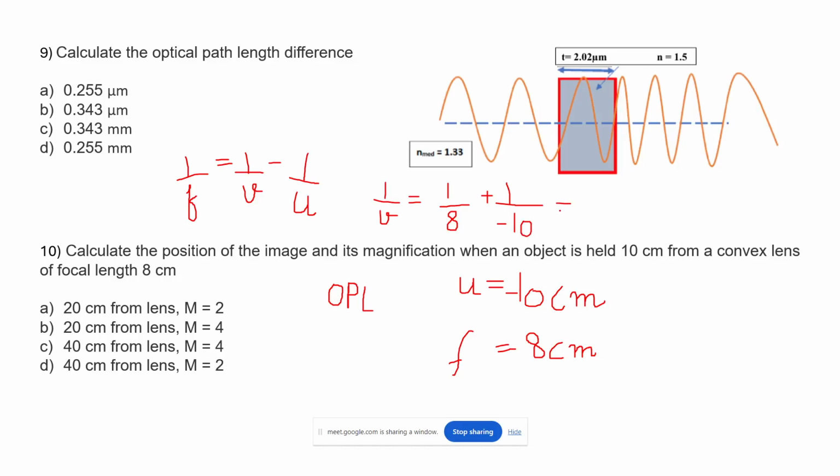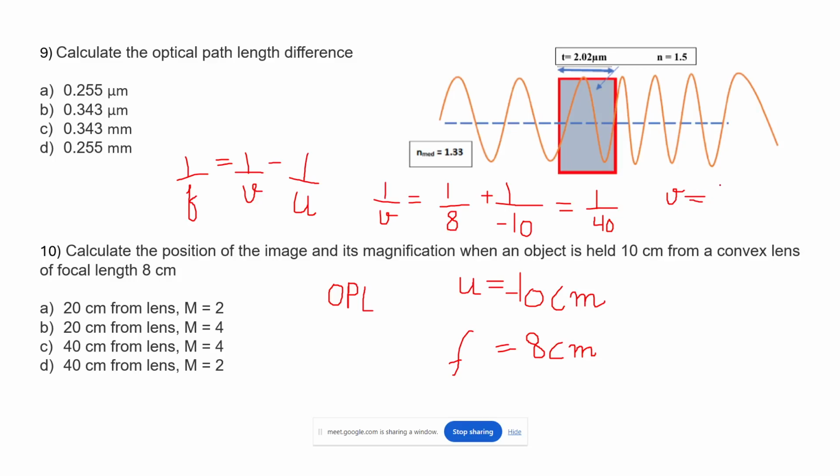So if we take the LCM and solve this, the LCM will be 40, so it comes around 1 by 40. Then we have our v as, what will be the unit?